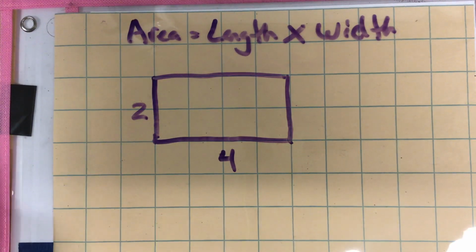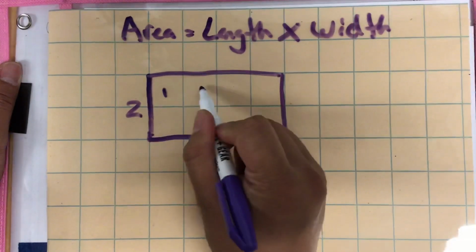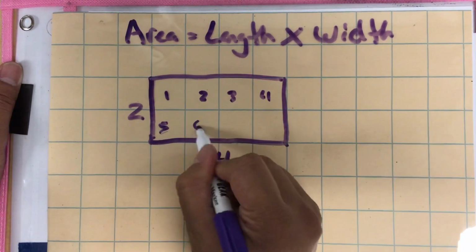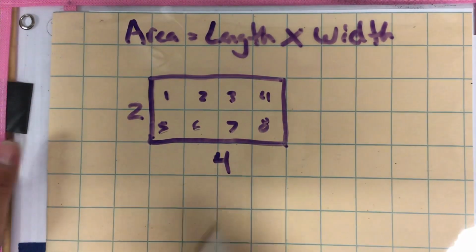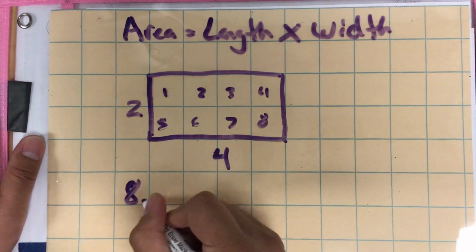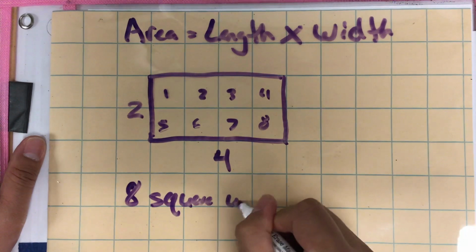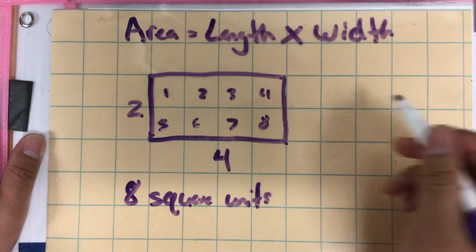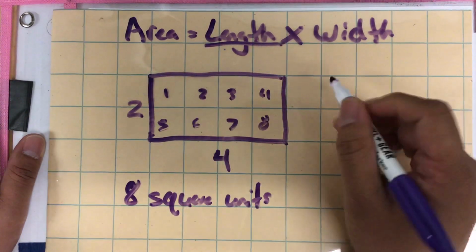Now, the area is always the square units on the inside. So we can always count 1, 2, 3, 4, 5, 6, 7, 8. And that shows us that we have 8 square units. But let's see. We need to know our length, which is 4.